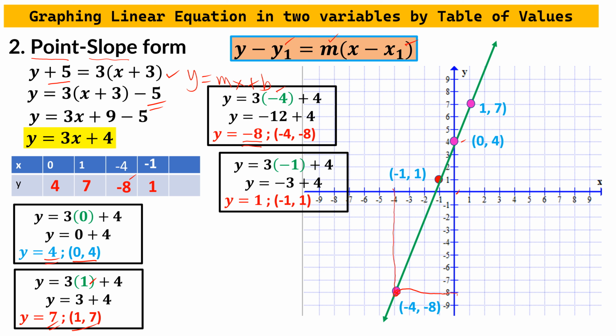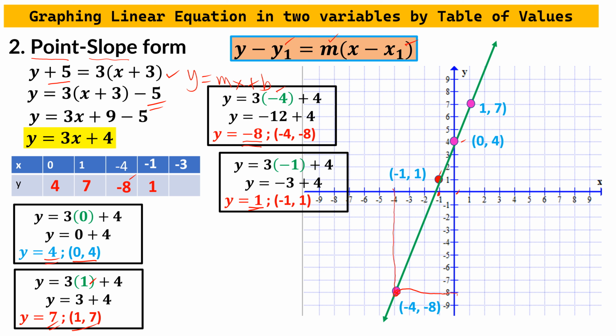Sometimes our graph is not that accurate, and if we rely on the graph to find a point, it may not satisfy the given equation. So if x is -1, the y is +1, and yes, it's correct. So the points (-1, 1) and (-4, -8) are still points on the line, other than (1, 7) and (0, 4).